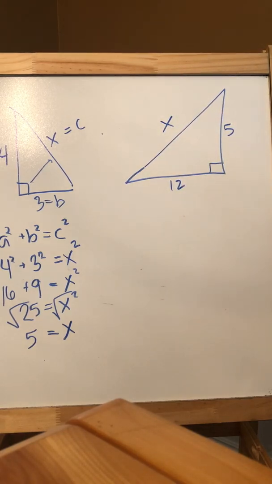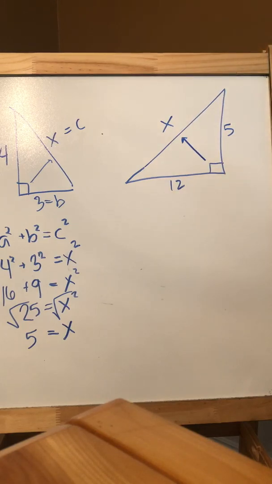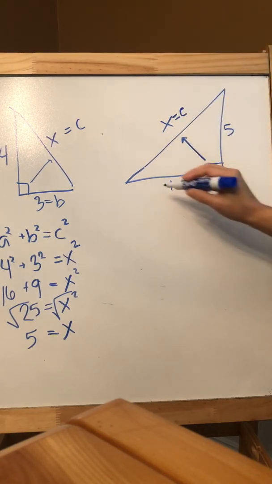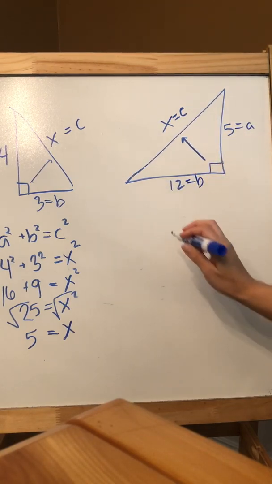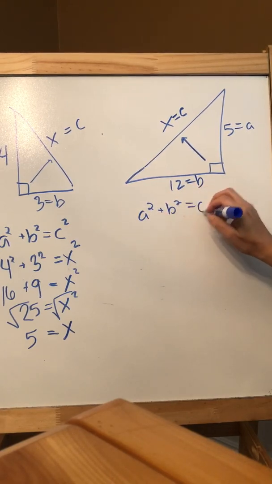We want to solve for x. The first thing you want to do is find your right angle, draw a line to the side across from it. That's going to be your hypotenuse, which is going to equal your C. Label your legs now as either A or B, and set up your equation. A squared plus b squared equals c squared.